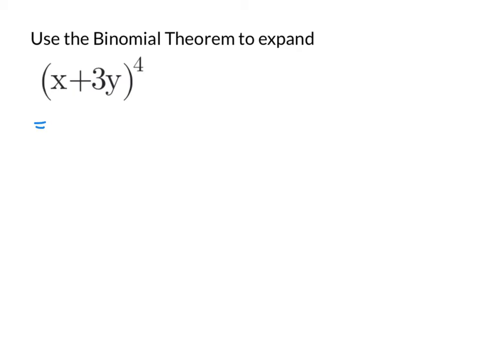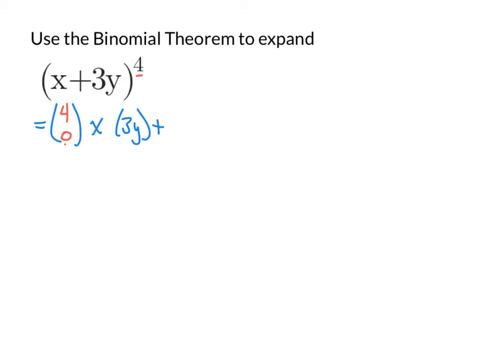Now, to use the binomial theorem, there's going to be a handful of terms, and every term is going to have the same 3 parts in it. It's going to have a coefficient, it's going to have x to a power, and it's going to have 3y to a power. The coefficient is actually a combination where we start with the power, that's always that number on top, and we're going to start with 0 right here.